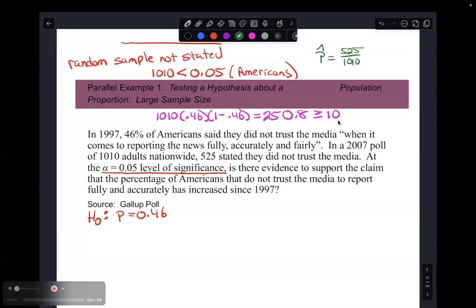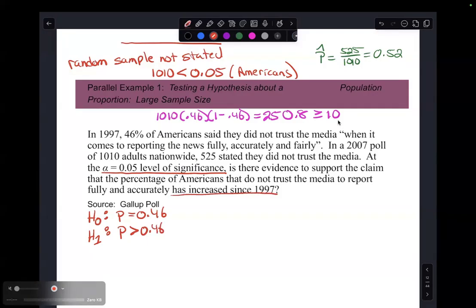Put that in my calculator. So my p hat is 0.52. I'm going to need that in a little bit. My alternative hypothesis, we think that P is greater than 0.46 because it says has increased. So we think it's greater than.